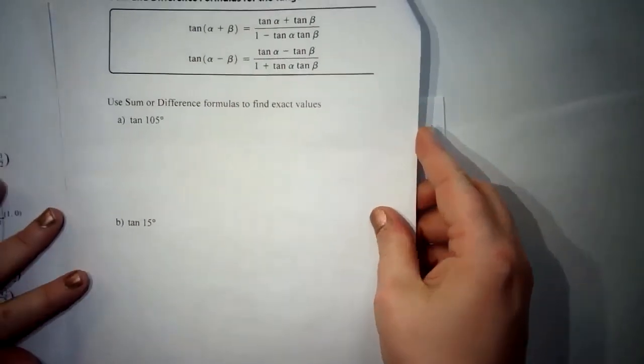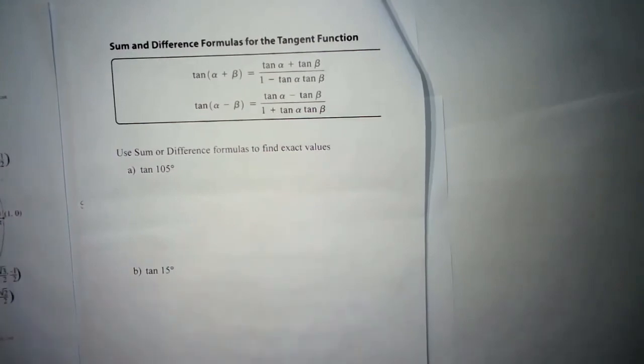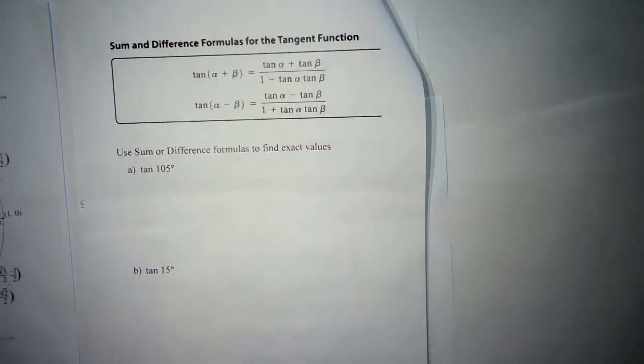We talked about sum and difference formulas for cosine and sine. Here comes tangent. Tangent is always more complicated, right? Because by his nature, his definition, he's a fraction. He's sine over cosine. So he's always a little harder. He's not explicitly on the unit circle. You always have to make it happen.